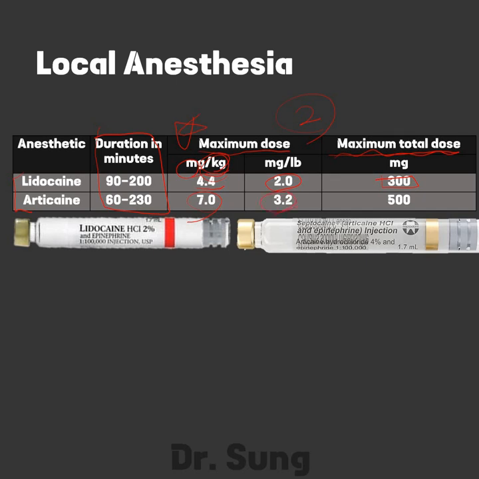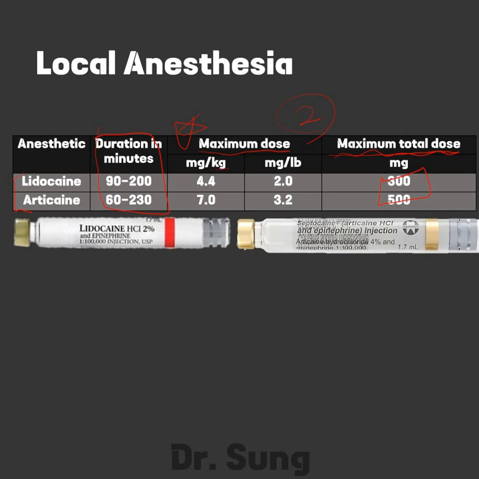So the kilogram number is almost 2 times the pounds number. So remember this, okay? Remember so that you can calculate it. And you also need to remember that you should never go beyond this 300 milligram.